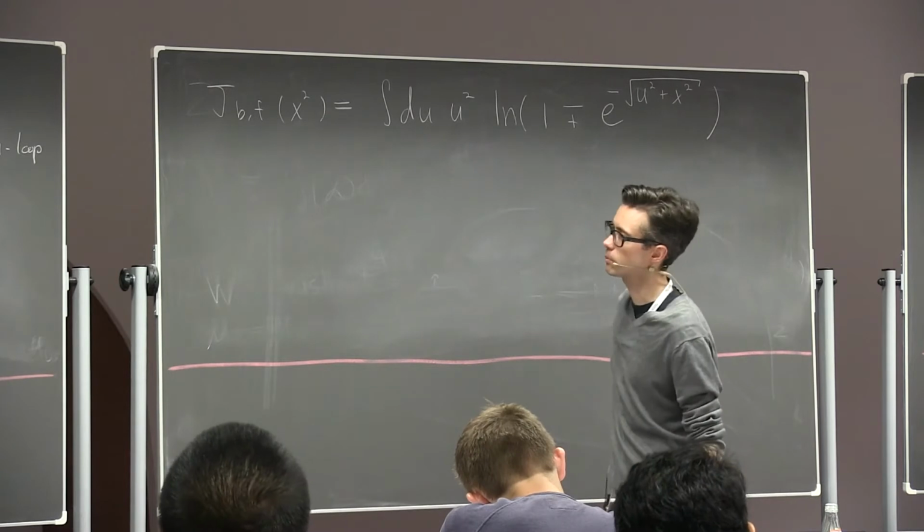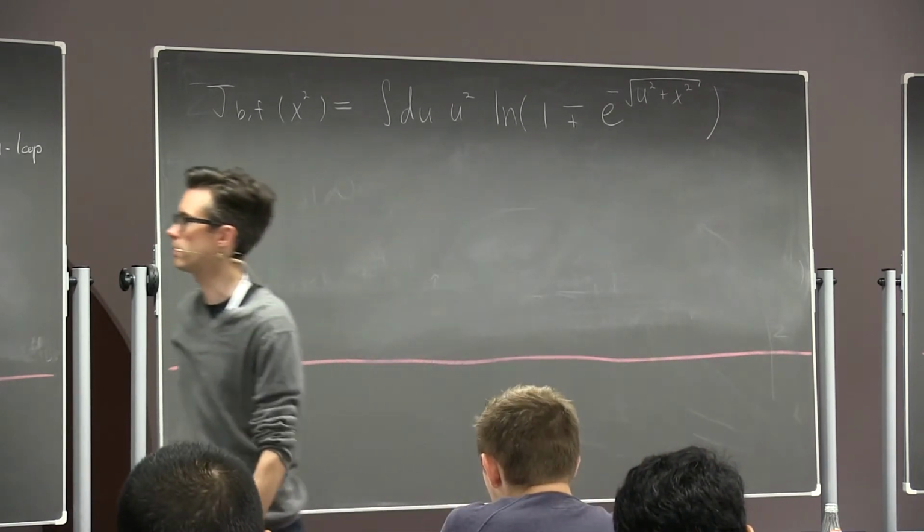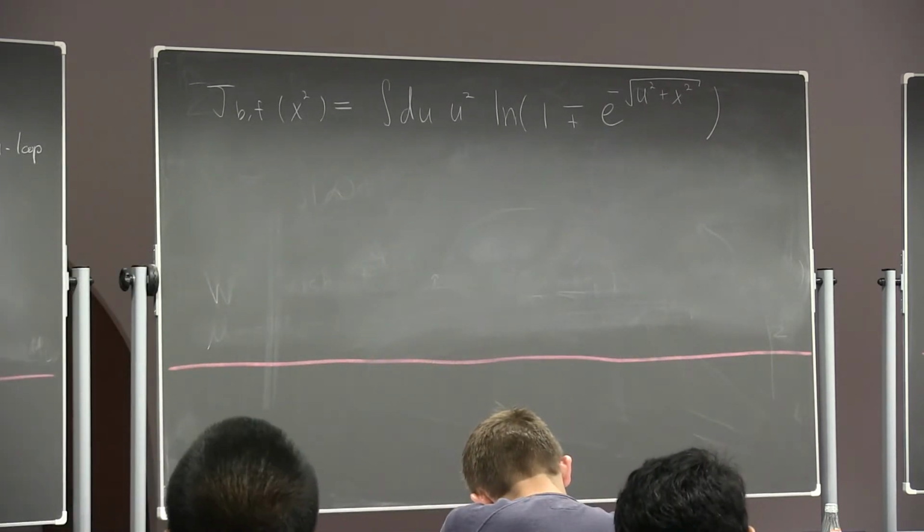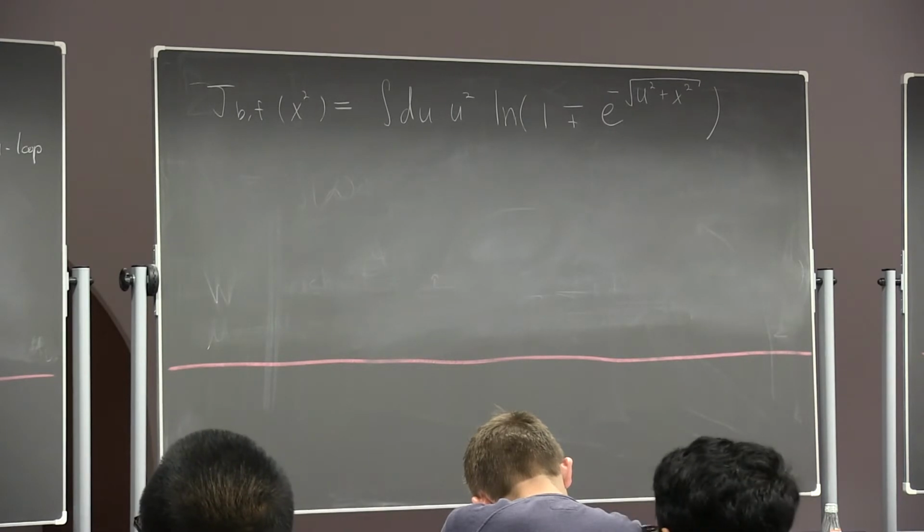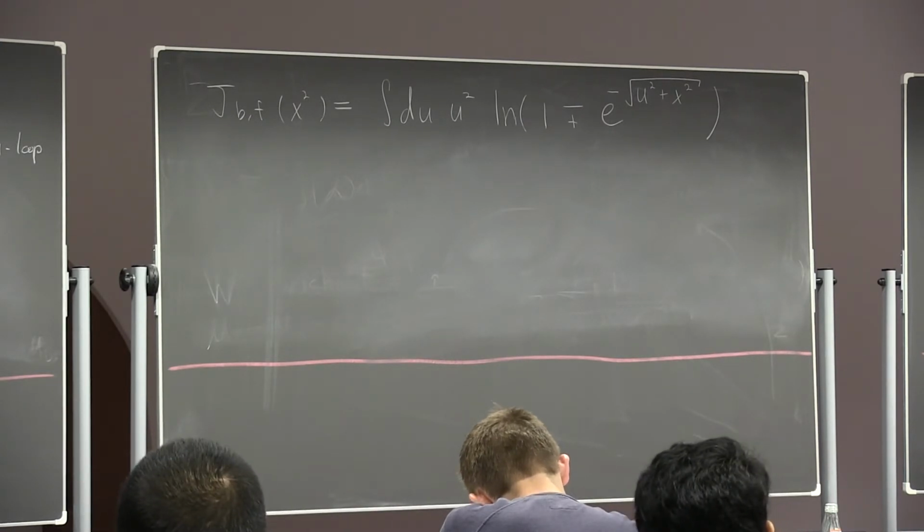Okay, so at this point things are looking a little bit hairy, but it turns out that these loop functions have very nice asymptotic forms that are hopefully somewhat more intuitive.